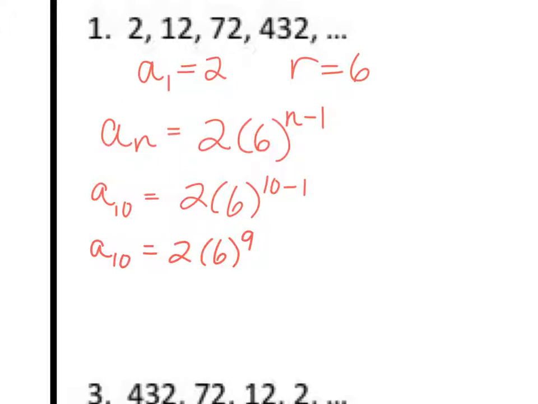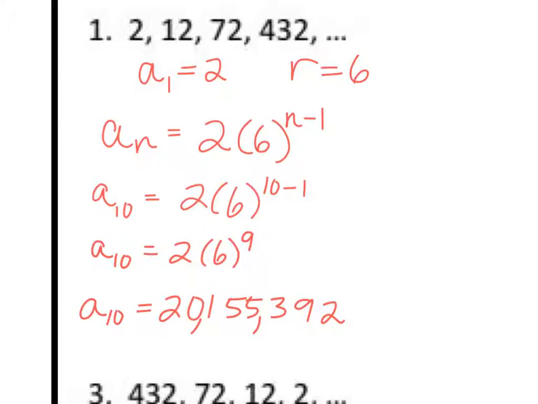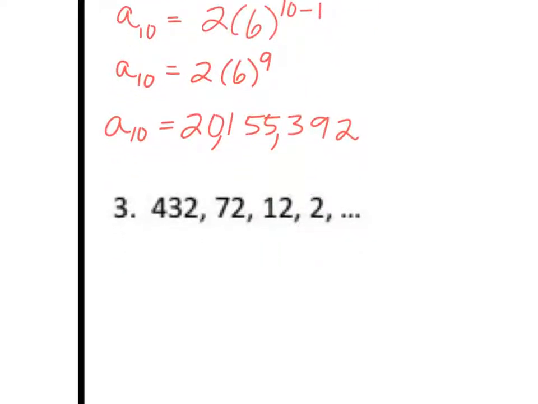As long as you type in exactly what's on the board, then you should get the right thing. Okay, the 10th term is a really large number. This is what you should have. 20,155,392.